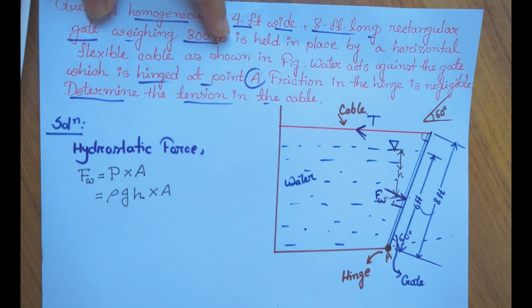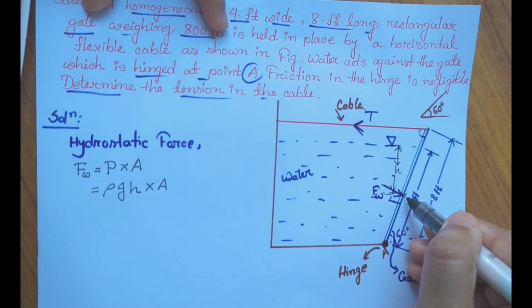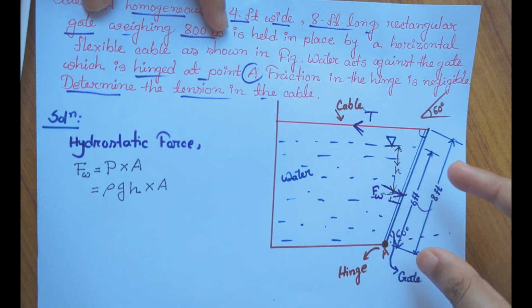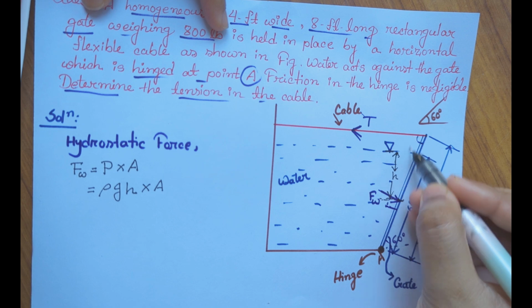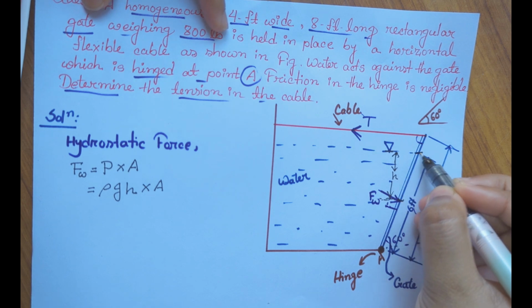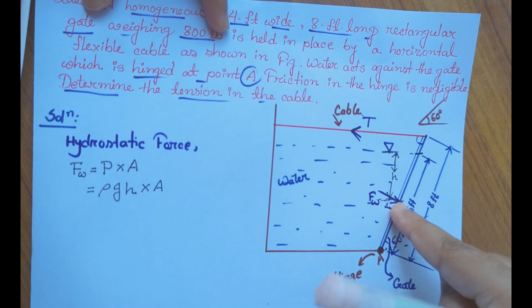From this distance, and as it is the centroid of this gate, it will be the middle point. The gate is 8 feet in the question, but there is a gap and no water there. So from here to here is 6 feet, and the centroid must be at the middle, which is 3 feet.